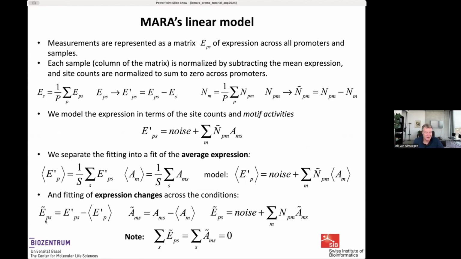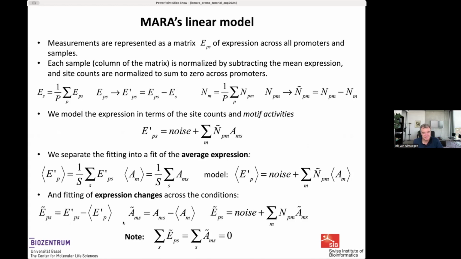And then we make a final normalization where for each promoter we now subtract its average expression. So this new matrix E tilde has the log fold changes in expression of this promoter in each sample relative to its mean expression. So it captures the expression changes of the promoter.